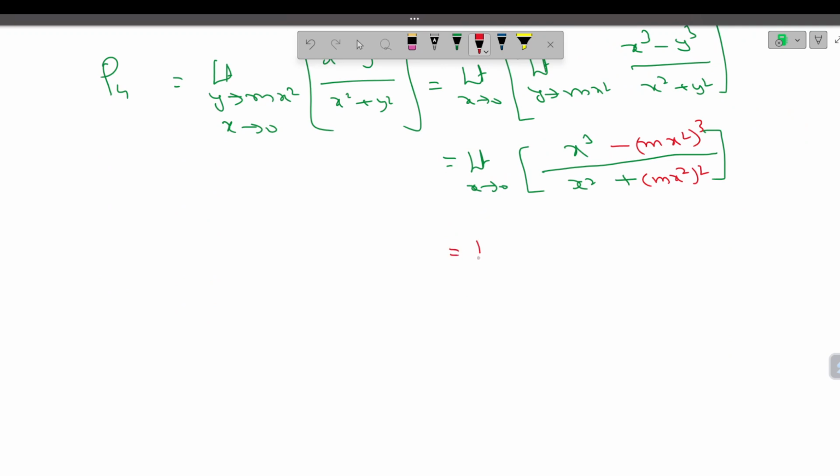Taking x cube common, the numerator is 1 minus m cube x cube.